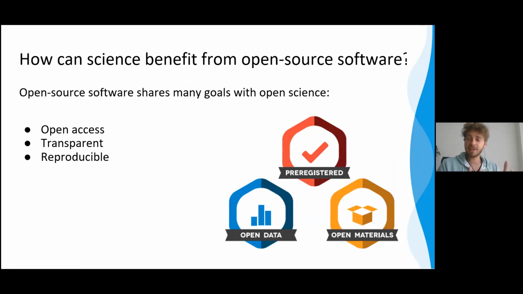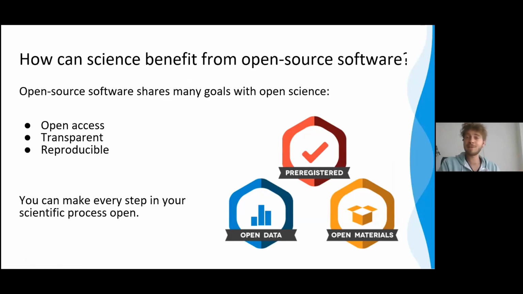And open source software is built on that very pillar of transparency, which enables scientists to make their whole scientific process open and transparent, from data analysis, data collection, maybe even, if you pre-register a study, even before that, to the entire endpoint.